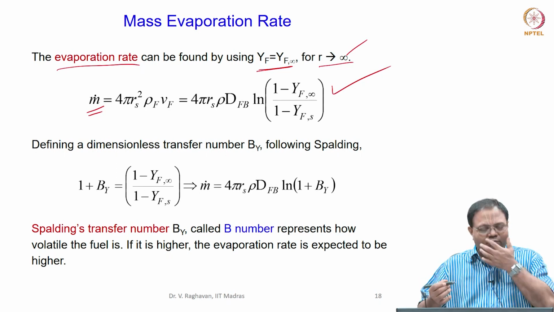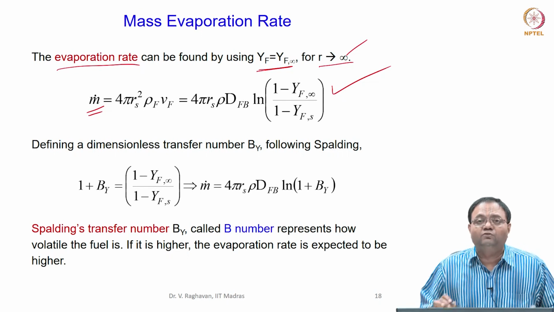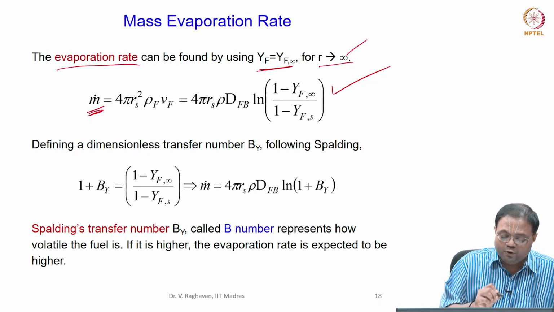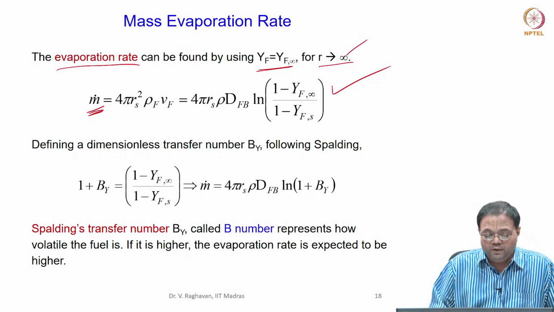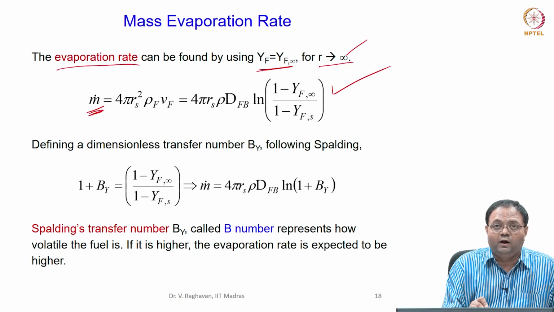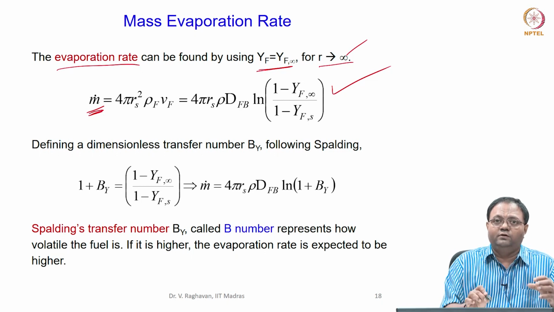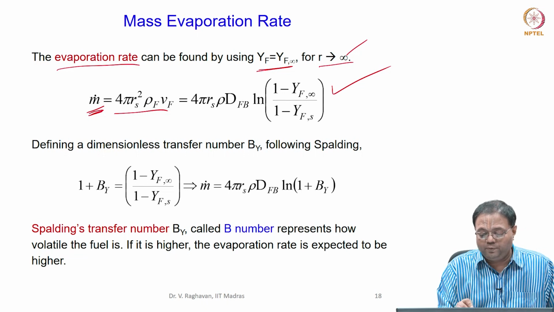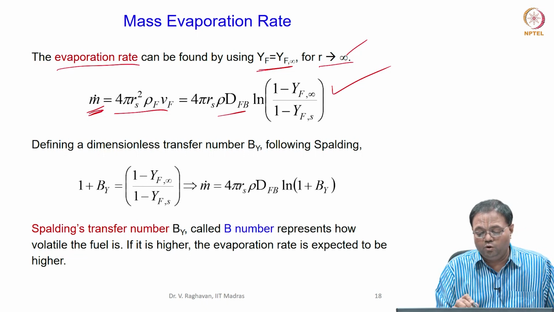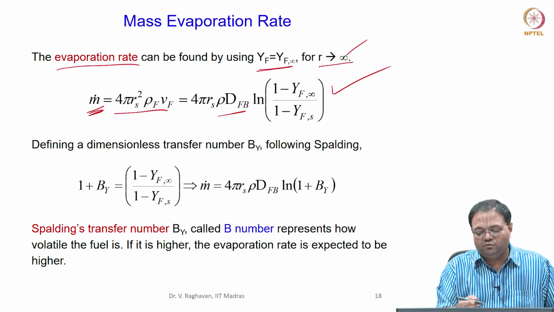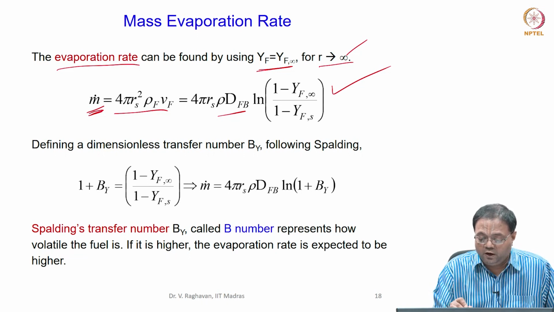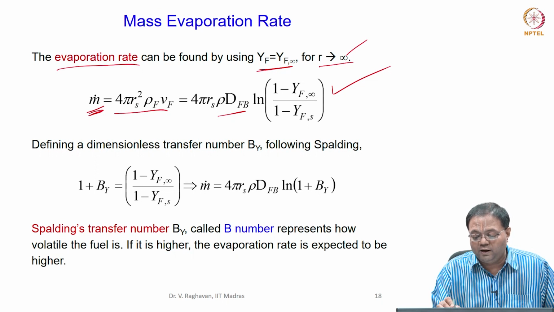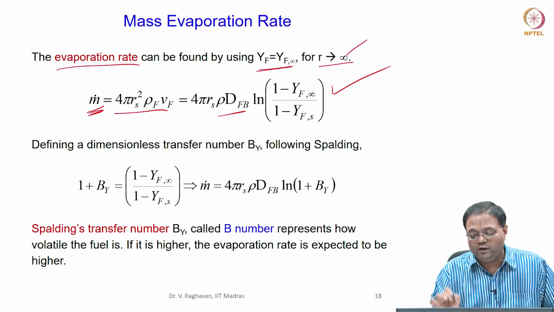It need not be 100 times; it may be say 50 or 80 times based upon the flux coming out. So, the mass flow rate of the vapor, 4 pi r square, at a given frozen diameter or radius Rs, is given by 4 pi Rs into rho dFb into the natural logarithm of 1 minus Yf infinity divided by 1 minus Yfs. But at every Rs it is constant, please understand that.